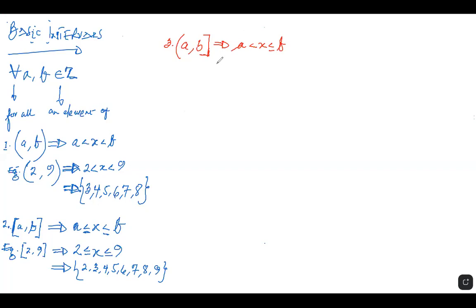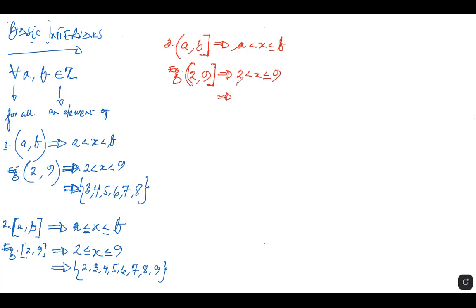Now, for example, if I have, let's say, 2 and then 9, this will mean that I'm interested in values such that 2 is less than X, and then X is less than or equal to 9.